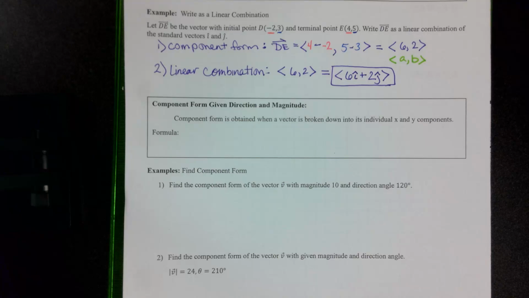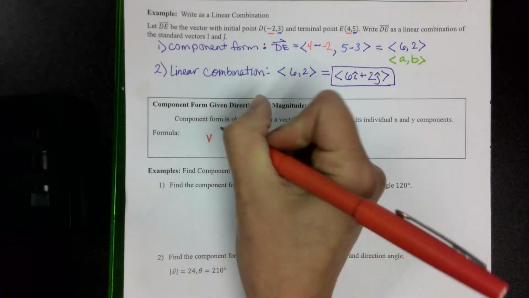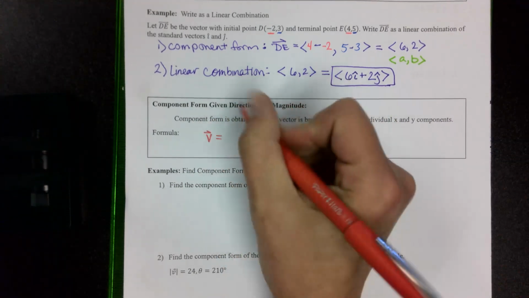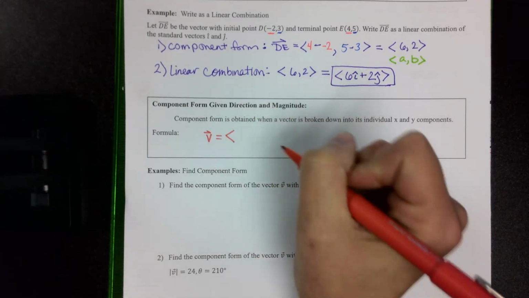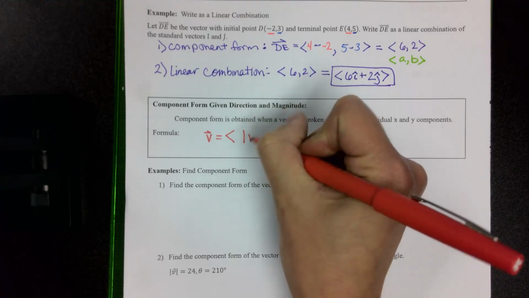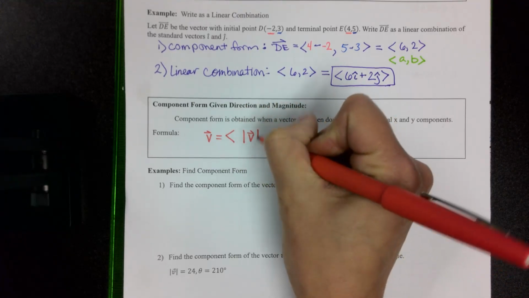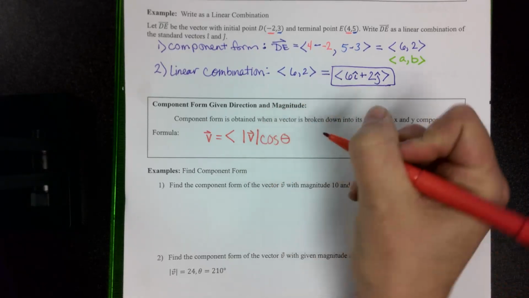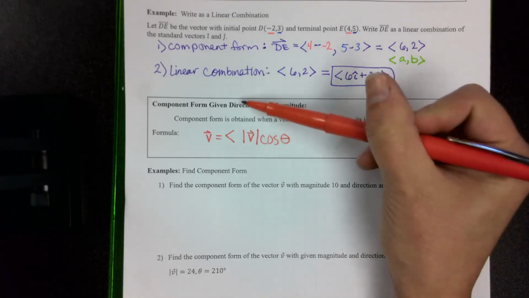So I'm going to write my formula. Vector v equals our component parentheses, the absolute value or magnitude of vector v times cosine theta, because we're talking about a magnitude and a direction.